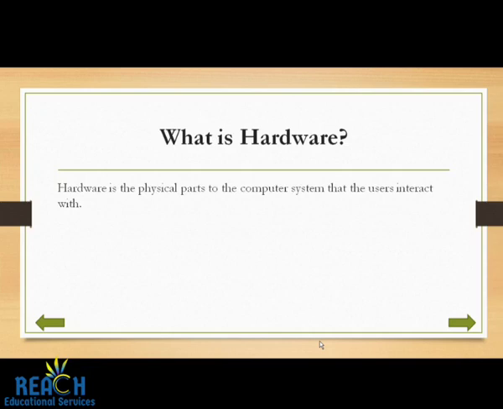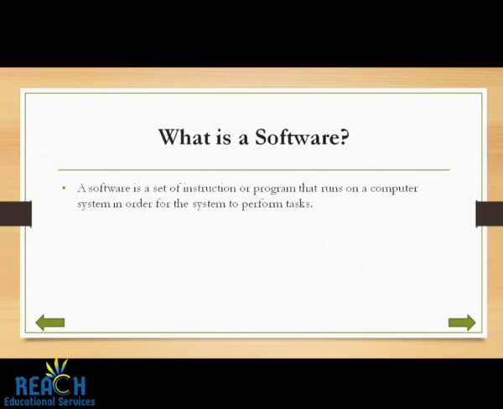Can you think of some part of the computer that you interact with? Perfect. The mouse, the keyboard, all of those are hardware components, and so we can say that the software now is a set of instructions or programs that run on the computer that tell the computer what to do. Like I said, these two are for another class, right?